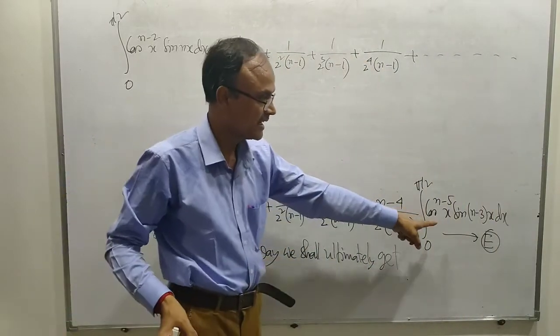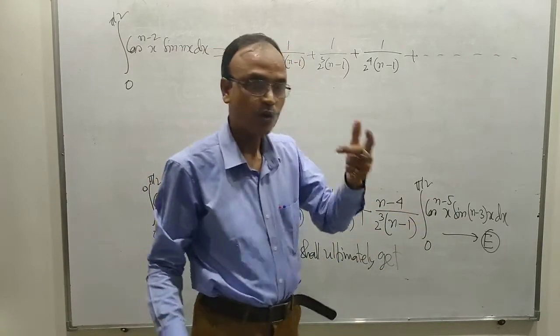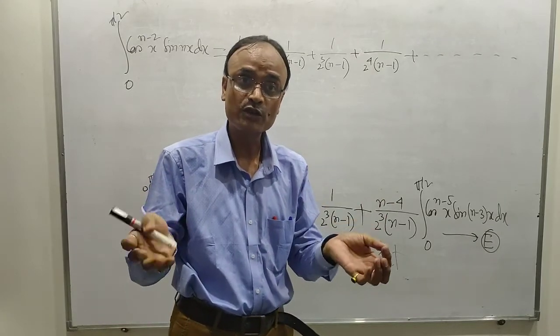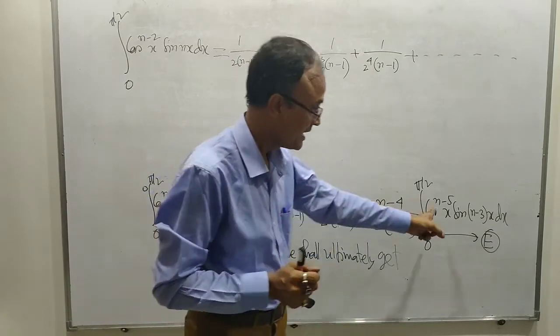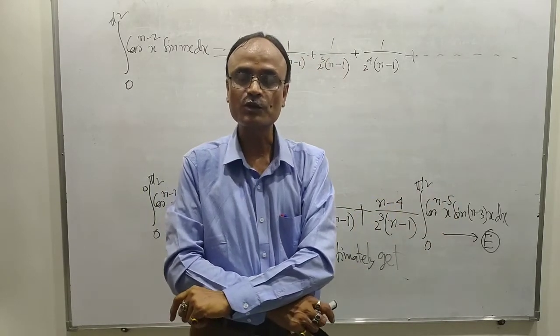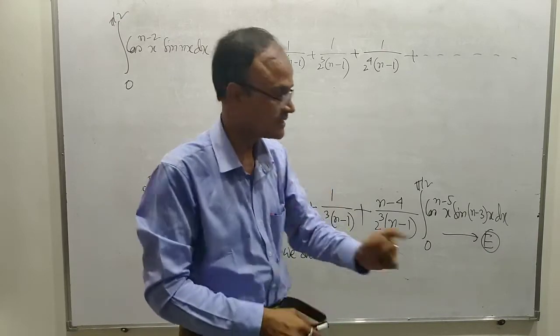You will get ultimately here, what is the value of cos 0? The value of cos 0 is equal to 1. Cos x whole to the power 0, you will finally get cos x whole to the power 0.